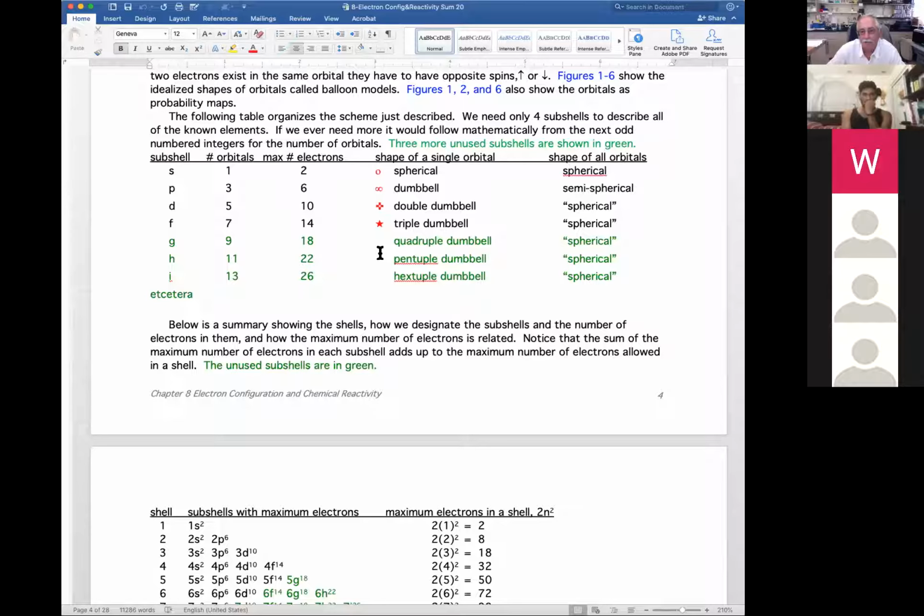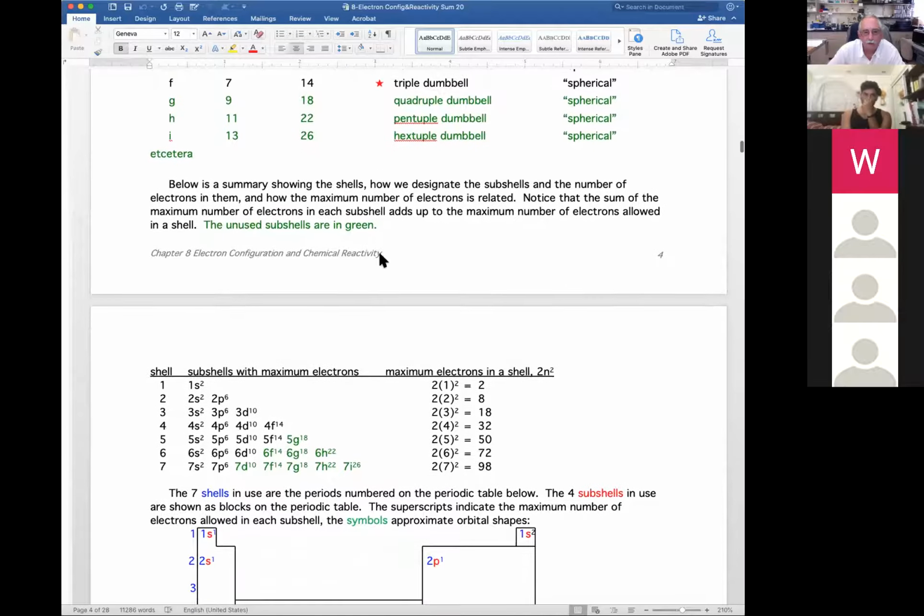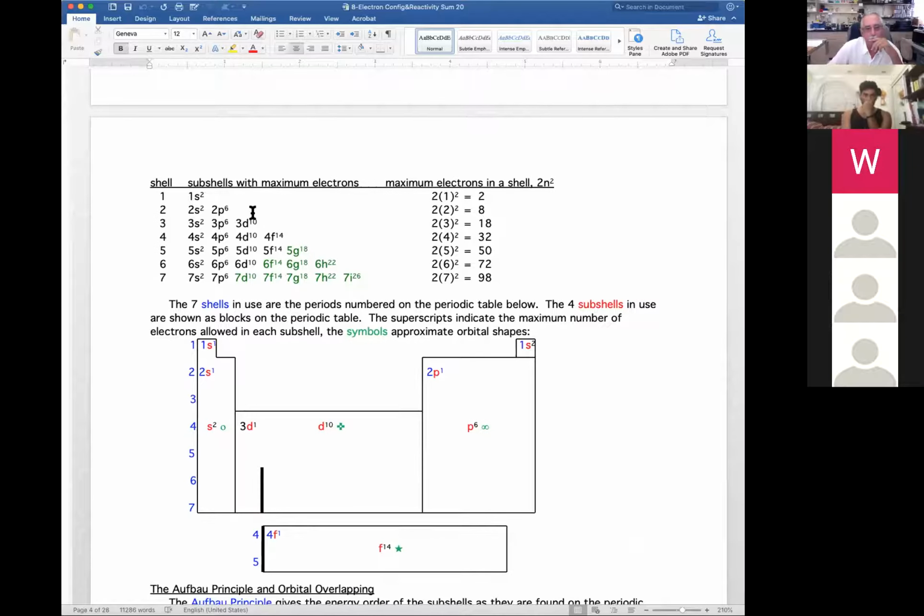Okay. So all those drawings and everything else that we have in our figures, those are the solutions to the Schrodinger equations. So here's a mathematical progression. So shell number 1, 2, 3, 4, all the way through 7.